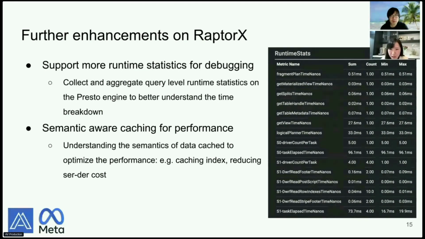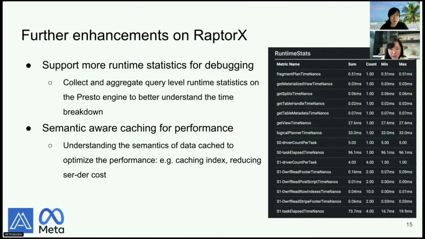Because a lot of times during debugging, we want to understand why one particular query is slow, where the bottleneck is. So the runtime stats will give us a breakdown on how much time is spent on metadata calls, like the planning time and the scheduling time. Also on the worker, how much time is spent on reading from external storage and the cache. Furthermore, how much time for footer, row index, etc.